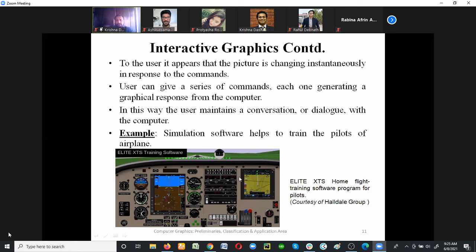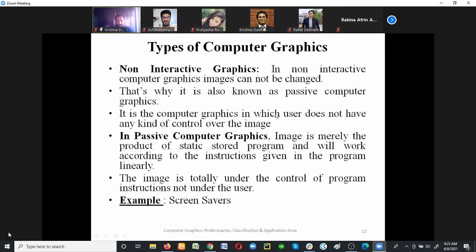On the basis of that, you have a screen where you can see real life activity happening, and it will feel like real life, so that you will be trained for how it feels when you are actually flying a plane. So that's the training software. These are very important, and these are the simulations, as we know. An example is the XTS home flight training software program for pilots.